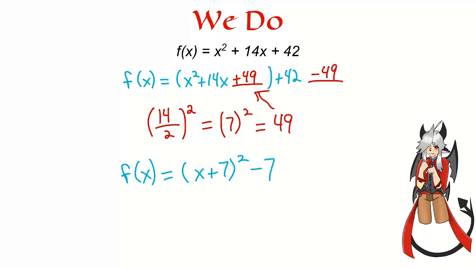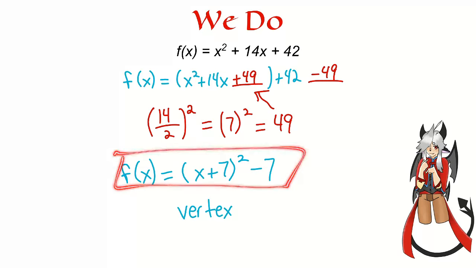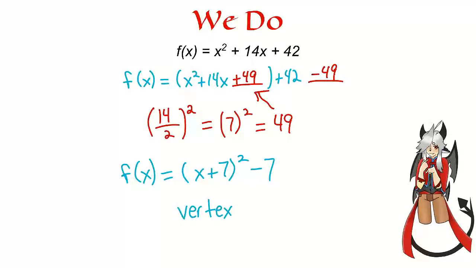And then you're right, minus 7 on the outside. So here our vertex. This is our answer. We wanted to write it in vertex form, but I'm just reminding you of what the vertex is here. Negative 7, negative 7 is our vertex. Thank you, Thomas.